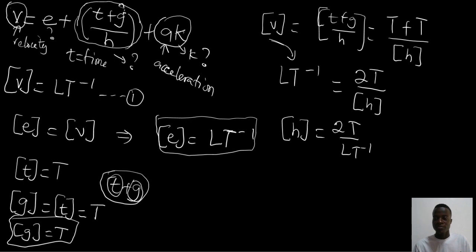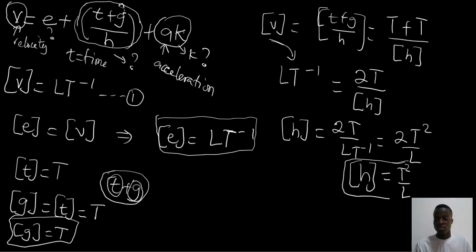So if I do that, I'm going to have 2T squared over L. At the end of the day, if you are talking of dimension, the number doesn't count, so it becomes T squared over L. So this is the dimension of H, T squared over L. So this is what we have at the end of the day.